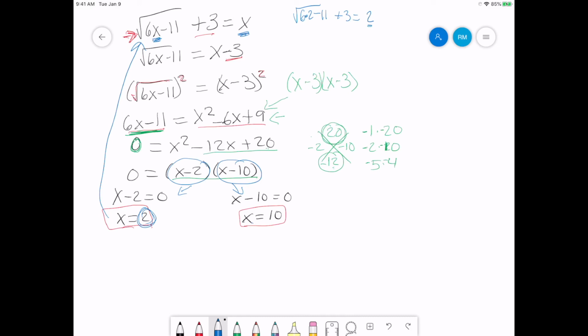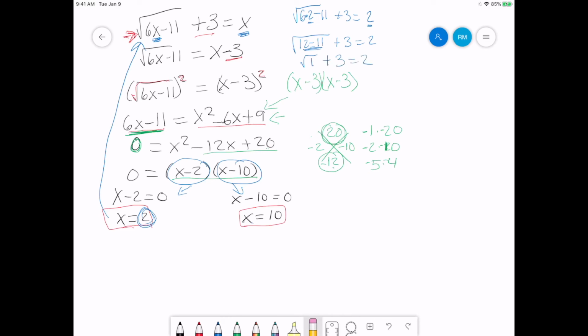Remember, I'm plugging 2 in wherever there's x. 6 times 2 is 12. Now I'm going to solve what's under here. The square root of 1 plus 3 equals 2.